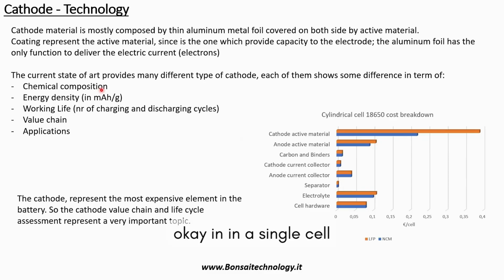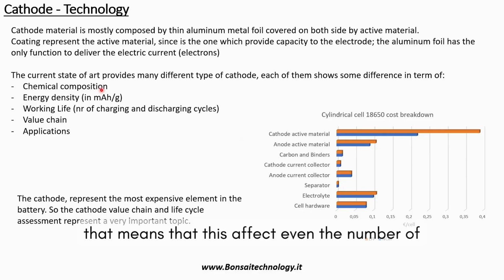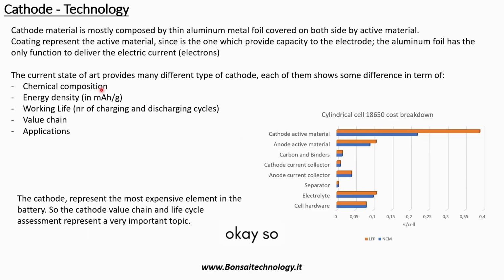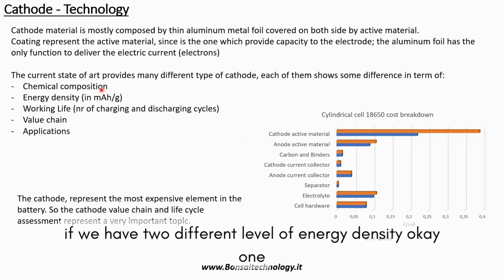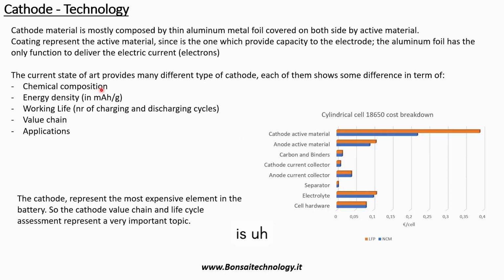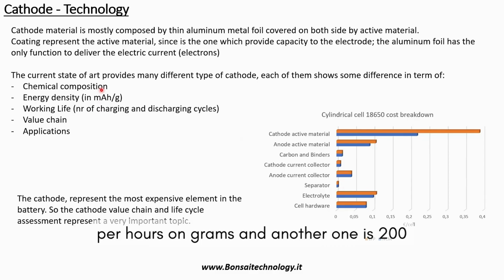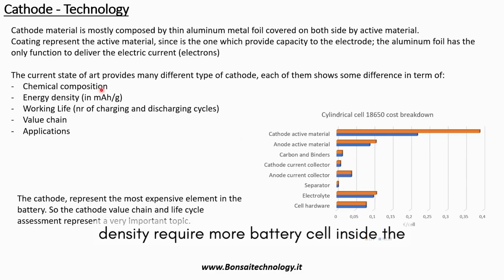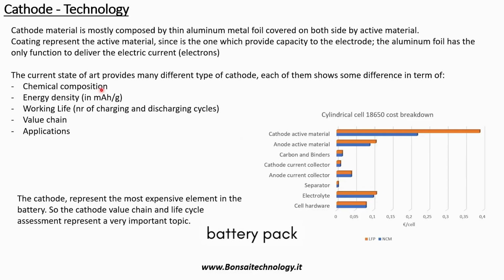The energy density is another very important KPI, because this affects the energy amount that can be stored in a single cell. Based on the application, this also affects the number of cells in the battery pack needed to achieve the same performance. If we have two different levels of energy density, say 160 milliampere hour per gram and another one at 200, for sure the lower energy density requires more battery cells inside the battery pack.